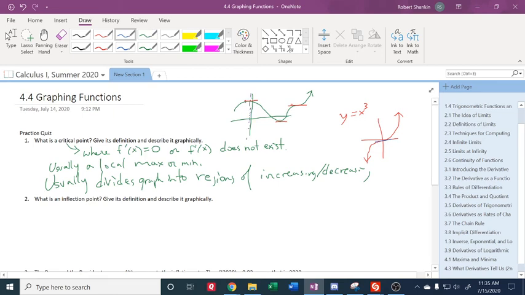To the left of that blue dotted line, it is increasing. To the right of it, it is decreasing. And then to the right of it, it is increasing. But then it's increasing again, so it didn't divide it up over here, even though there was a critical point. So that's why we say it usually divides into regions of increasing, decreasing. Okay. So there was a lot of graphical significance with critical points.